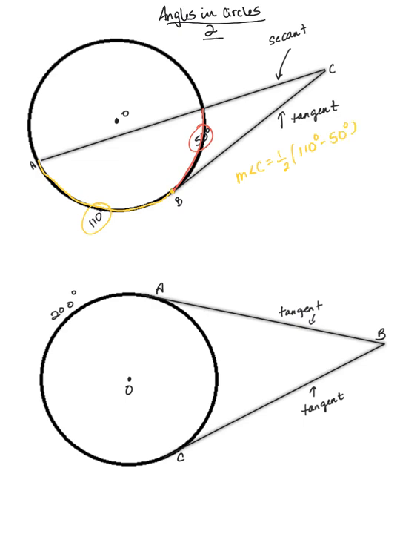Now, where do these come from? When you look at the intersection of the secant with the circle, this part here up to this point of tangency, that's what we call that, point of tangency.